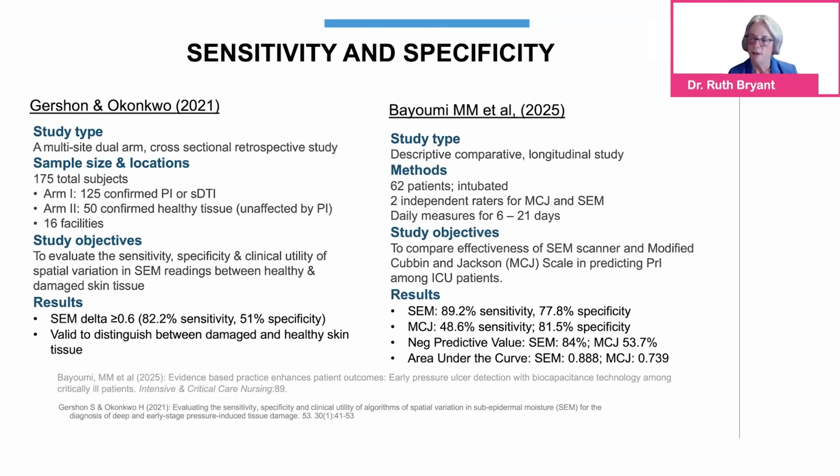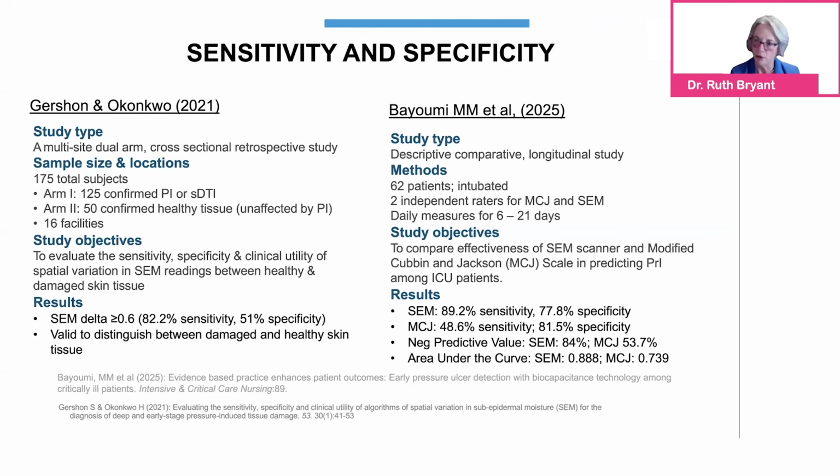And then even more recently, Dr. Bayumi conducted a descriptive comparative longitudinal study, again in ICU patients who were intubated. What they did is they compared SEM scores to the modified Kubin and Jackson scale, MCJ scale. And they had an independent rater for MCJ and an independent rater for the SEM scale.